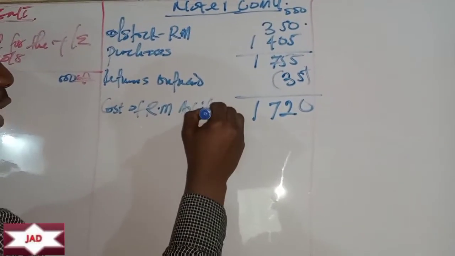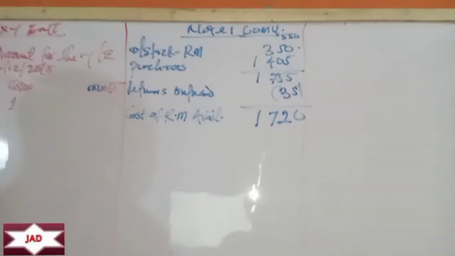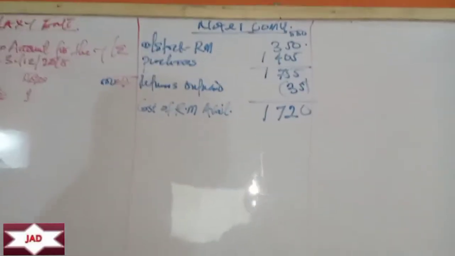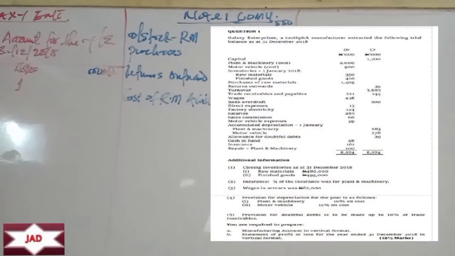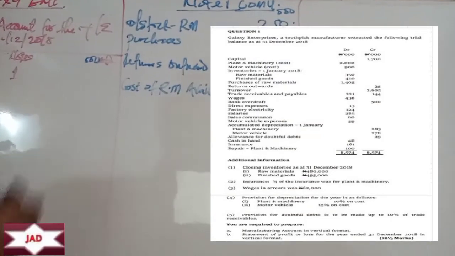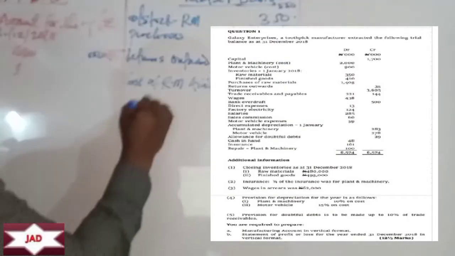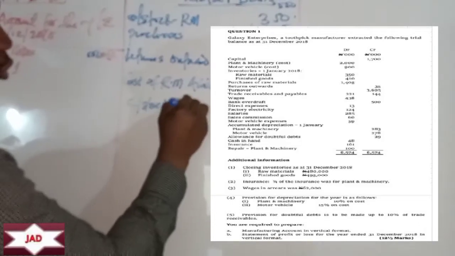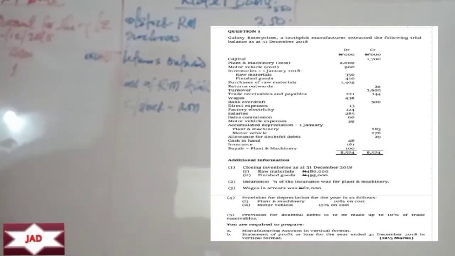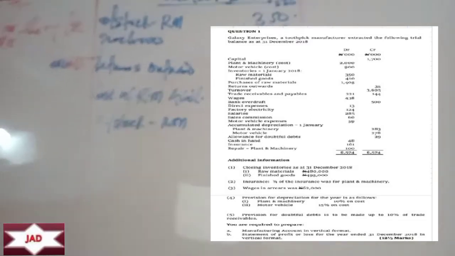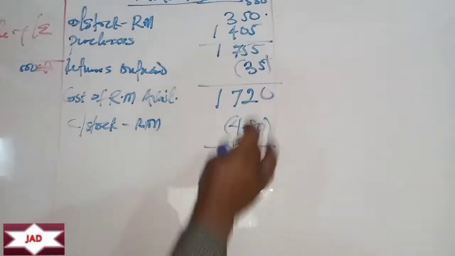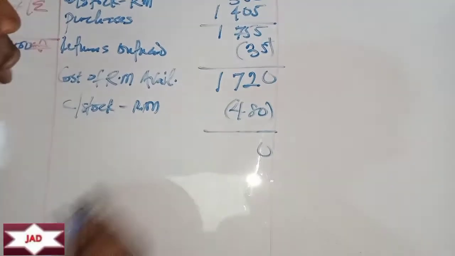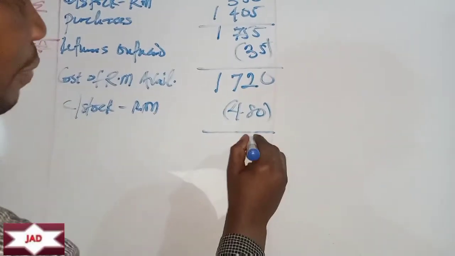Okay, available. Now, if this is available, it's possible that you didn't use everything. So you ask, is there any closing stock of raw materials? So you go to the question. I can see closing inventory of raw materials with 480,000. So we say closing stock of raw materials, according to the question, 480,000. So we take that out. 0 minus 0 here is 0. 12 minus 8 here will be 4.